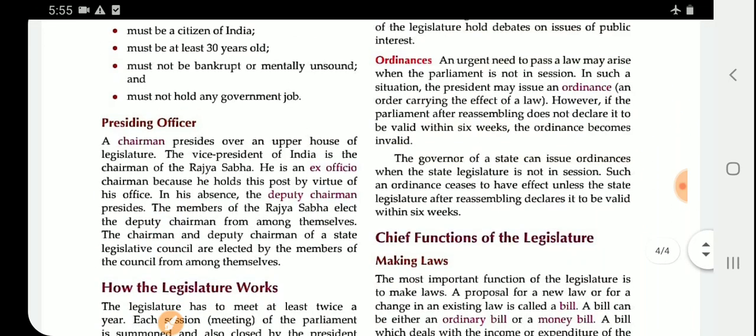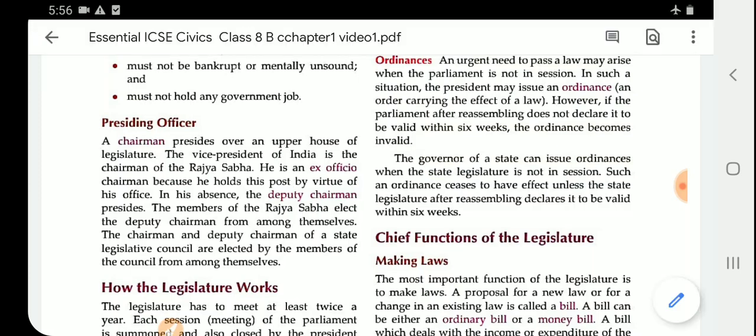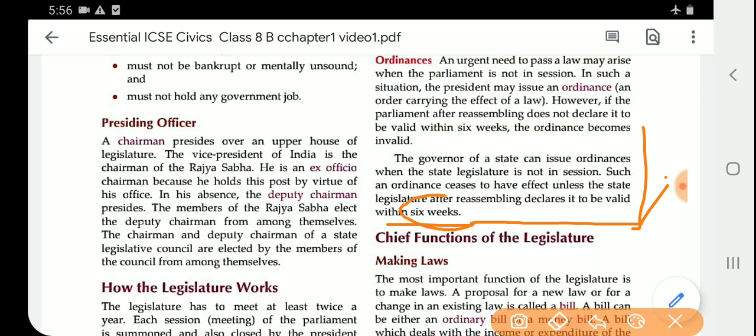The Governor of a state can issue ordinances when the state legislature is not in session. Such an ordinance ceases to have effect unless the state legislature, after reassembling, declares it to be valid within six weeks. Sorry, six weeks, not months.